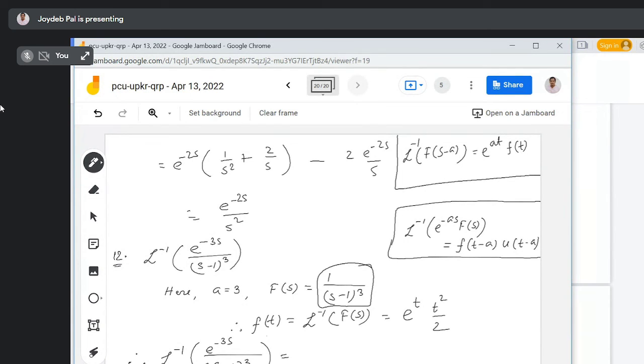From f(t) you write f of t minus 3. This, it is f of t minus 3 multiplied by u(t minus 3). That is by t shifting. And ये जो निकाला था ये by s shifting.